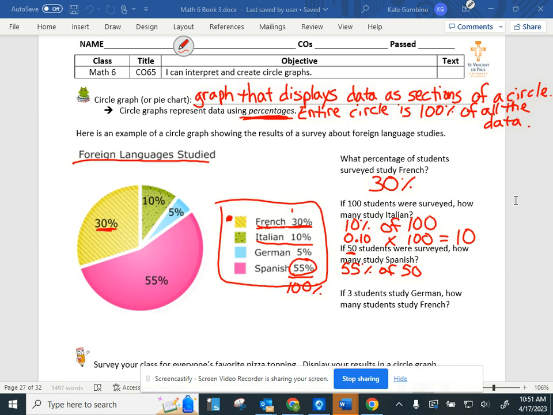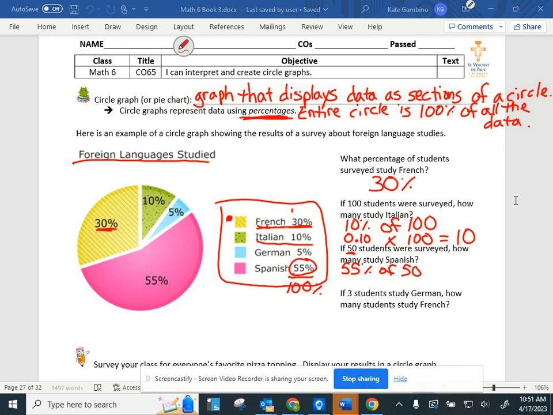So do you think it's a good idea to have our calculators? What is 55% of 50? We're going to give our friends just a moment. Did you get longhand? What'd you get? It's 27.5.